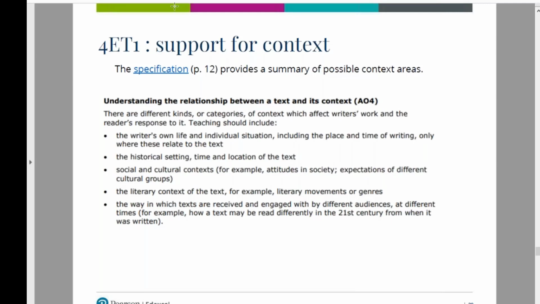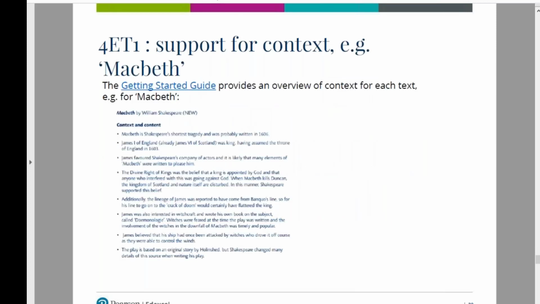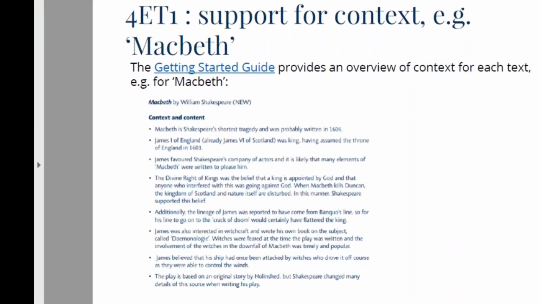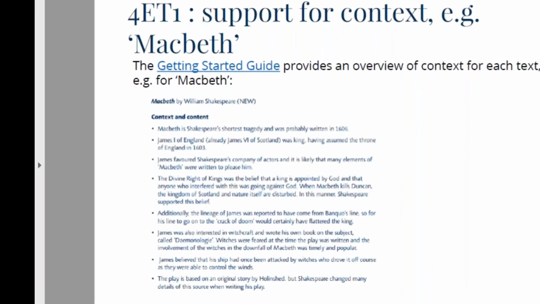And just to show you the range of points that you might make, I've put some examples here. In the Getting Started guide for ET1, there's a section on context and content for every text. So if in any doubt, that's one place to start. I've copied out what they say about Macbeth.